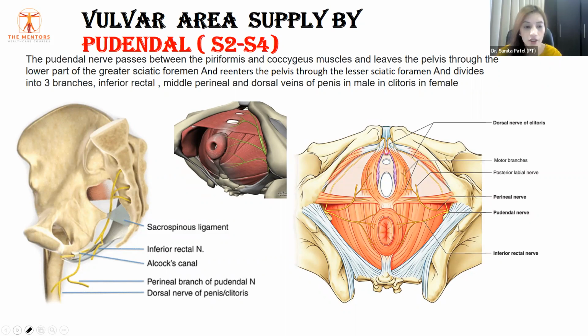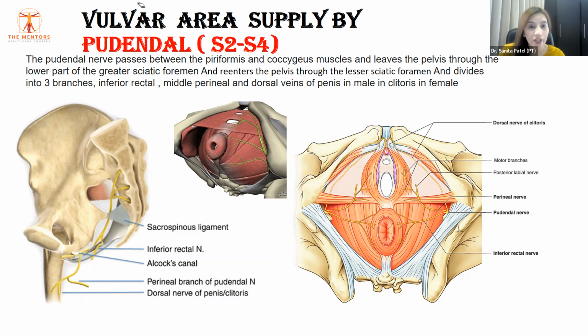But that is a wrong thing. Pudendal nerve is going to supply some parts of the pelvic floor. They are not supplying the levator ani, the deeper layer. They are going to supply the superficial layer as well as the middle layer. The supply of the levator ani is different, which I will tell you in upcoming slides.